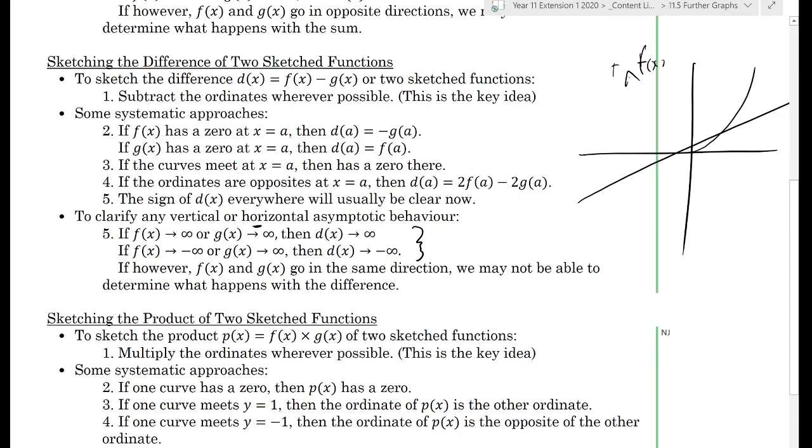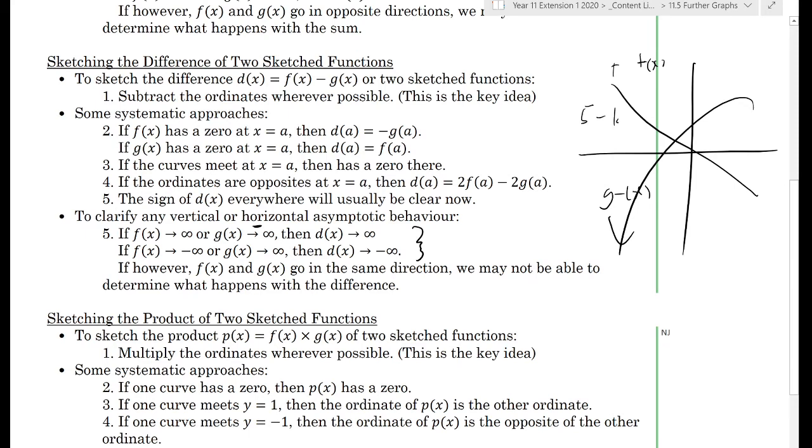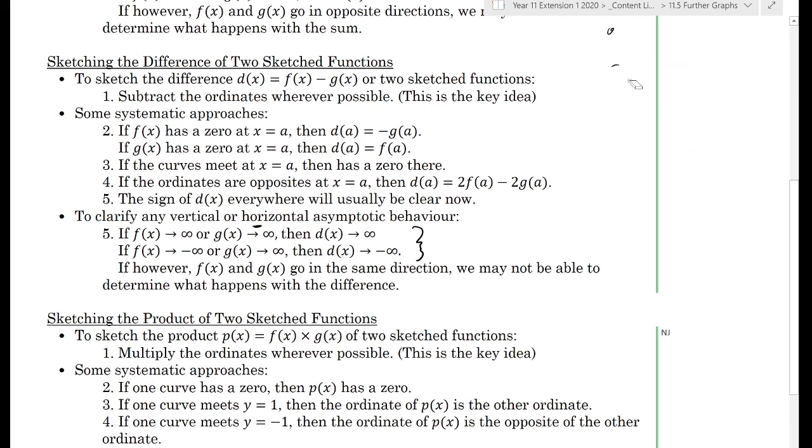But alternatively, if we had it the other way around, so that f of x was just a line and g of x went really negative, if you're subtracting really big negative numbers, so 5 minus a million, or sorry, minus a negative million, that just turns into positive. So basically, the difference between those is something really, really big. So that should be negative infinity, not infinity.